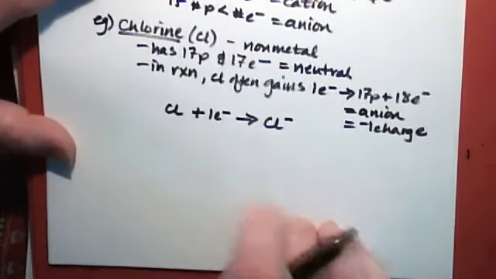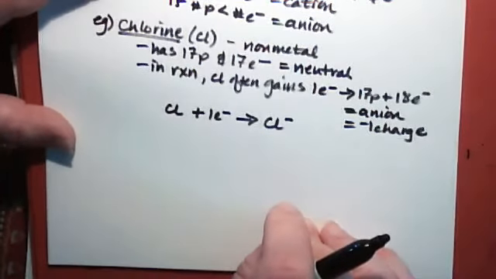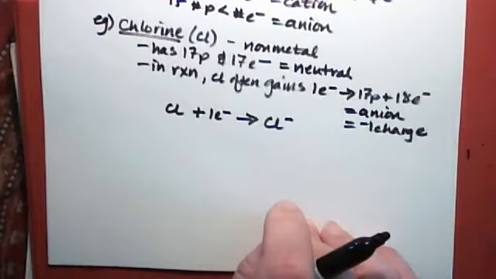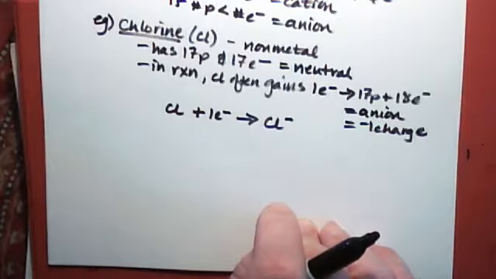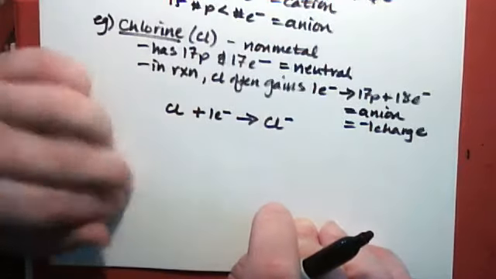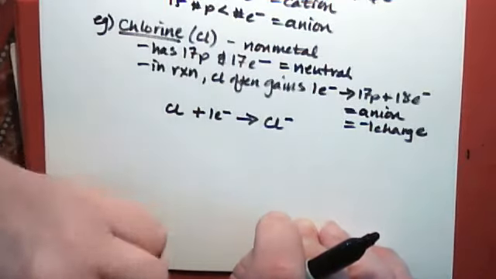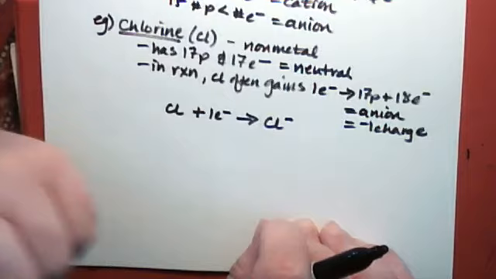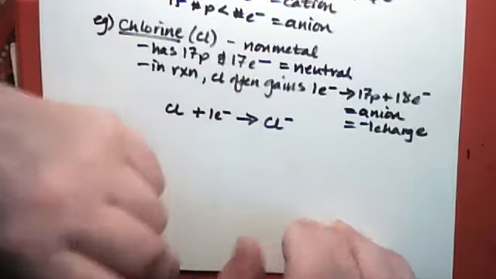Turns out that ions are actually more common in nature than neutral atoms are for most elements, at least for the more reactive elements. You'll have some of the less reactive elements like, say, gold and silver and copper that you'll often find in the form of the actual element in the rocks. You know, you can go panning for gold and you can just find little bits of gold sitting at the bottom of streams and rivers as gold, and it's still even shiny because gold is not very reactive.